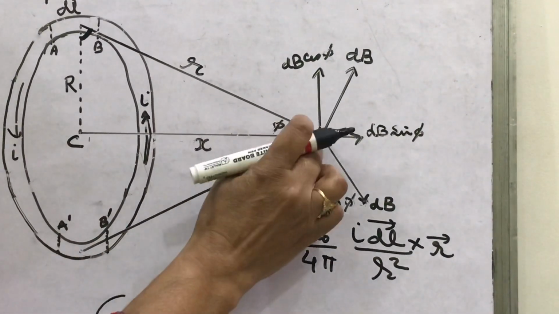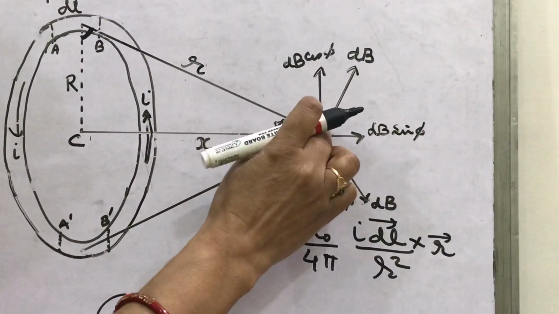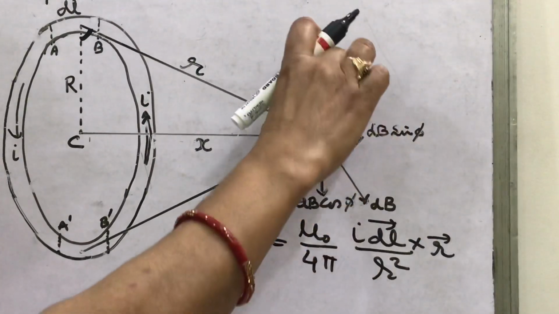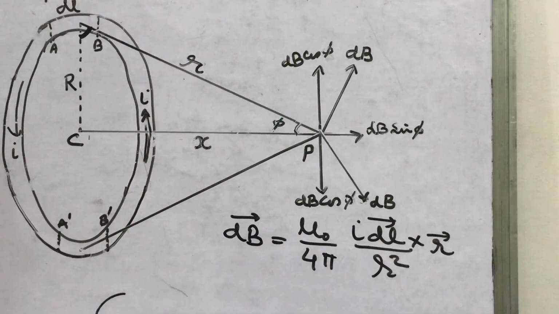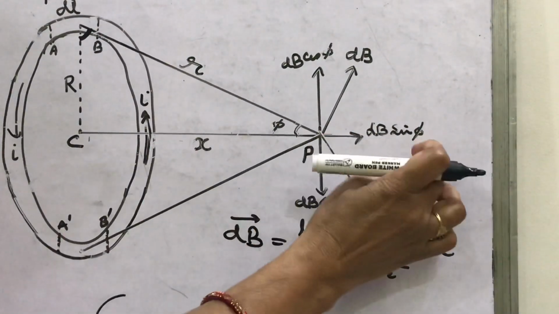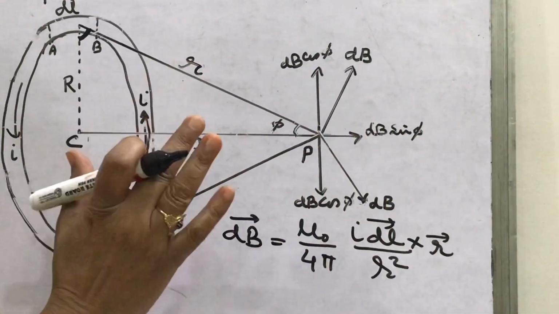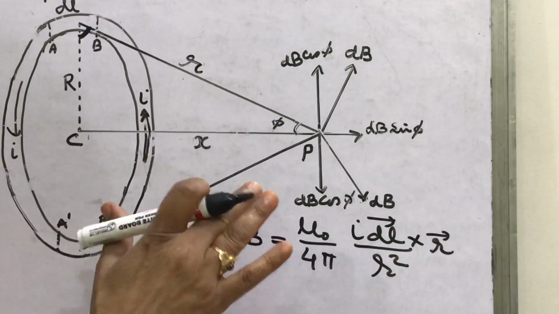Then this is dB cos phi, this is dB sin phi. So for this dB, which is the magnetic field due to this current element, dB sin phi and dB cos phi are the two mutually perpendicular components.